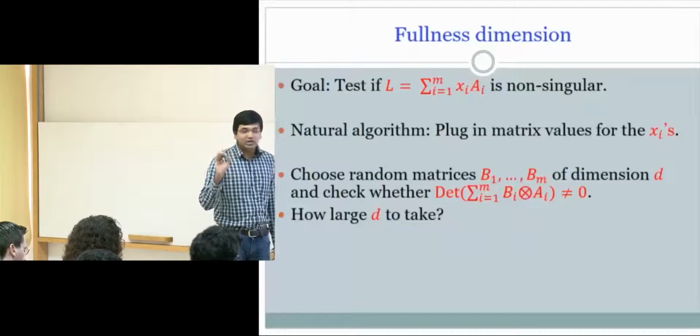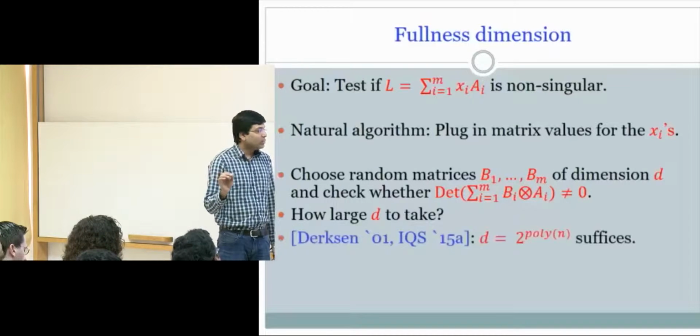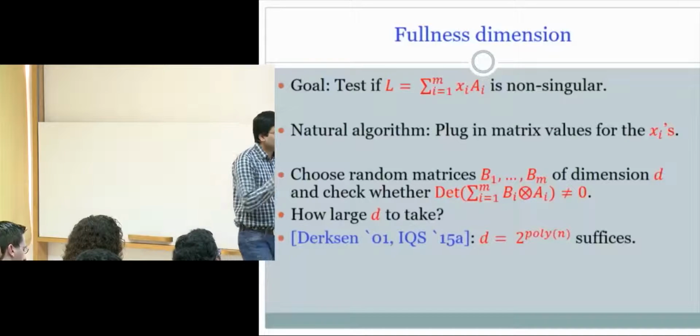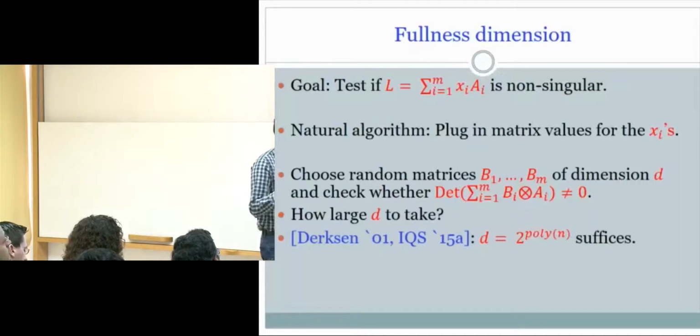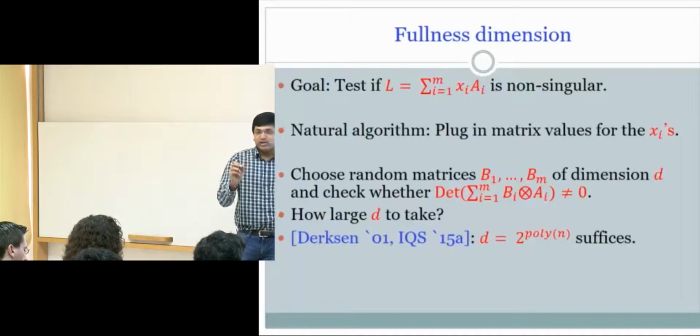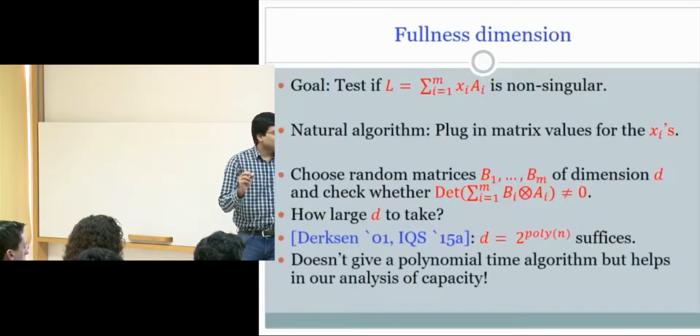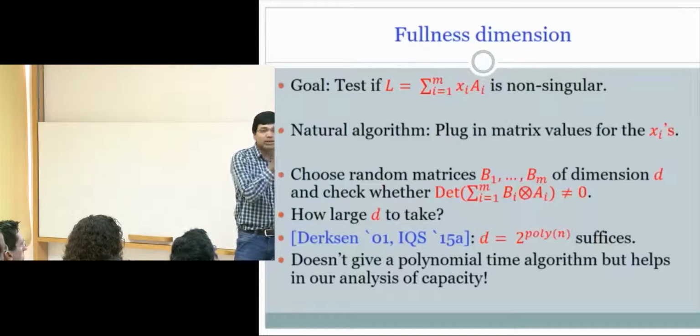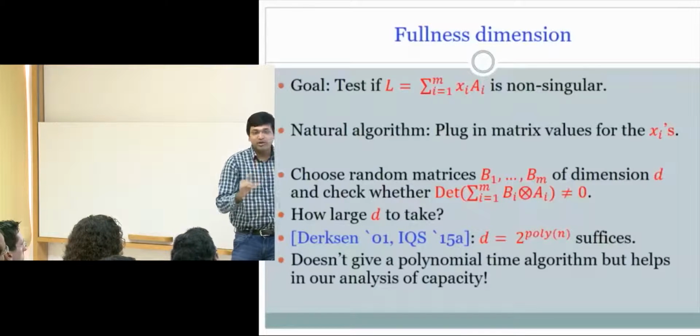The only question is how large do we need to take d? Before our work, the bounds on d were exponential in n. Although these bounds give an exponential time algorithm, still this is crucial in the analysis. So we are able to use this exponential bound on the dimension to give a polynomial time algorithm.